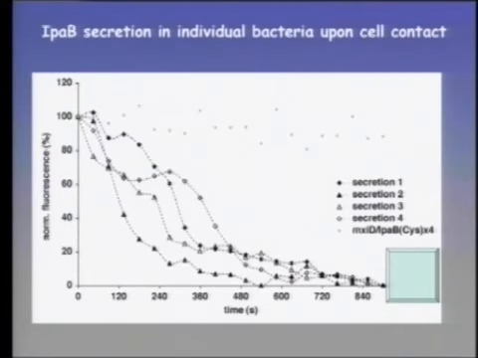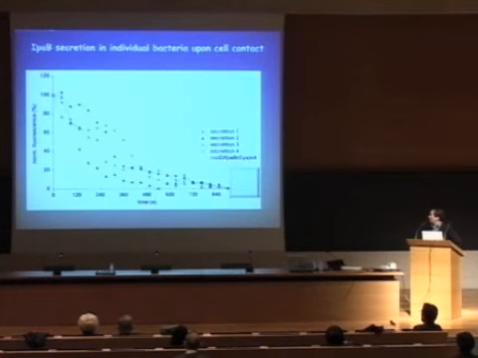So this is what has been speculated for a long time, but now we can eventually see it. Secretion occurs upon cell contact and very rapidly. So after a couple of minutes, or 4 or 6 minutes, you have almost virtually complete secretion of the type 3 effectors. So in other words, it seems that type 3 secretion is highly efficient and is induced really upon cell contact.